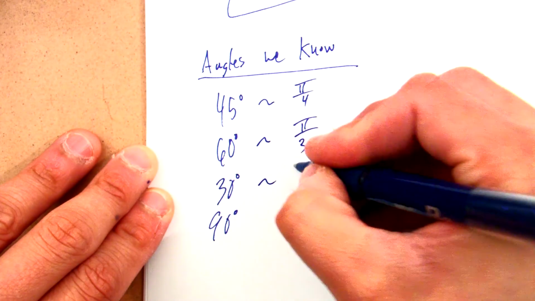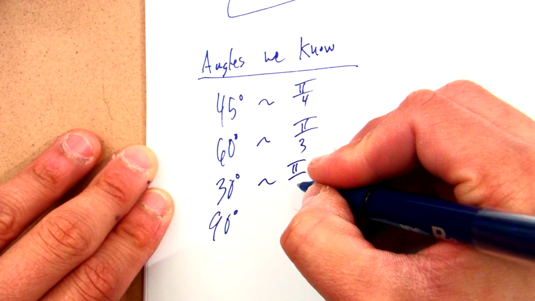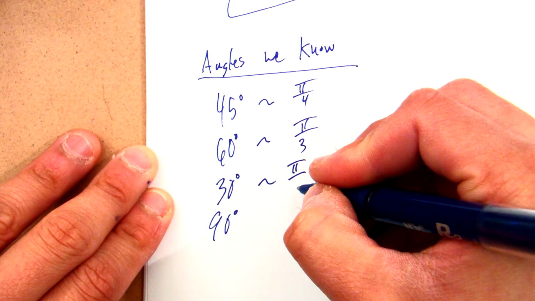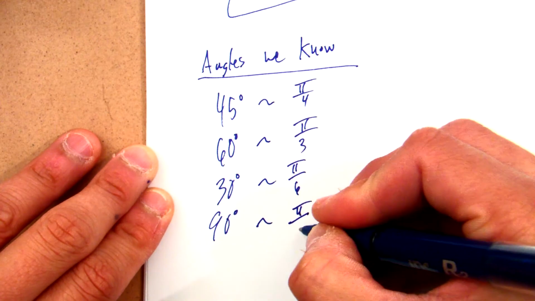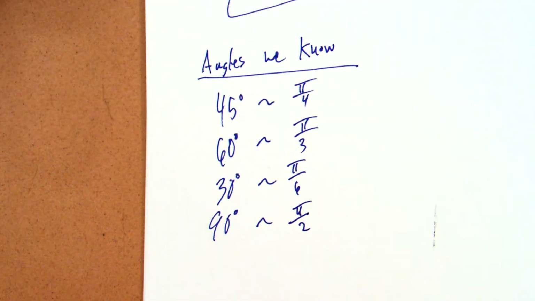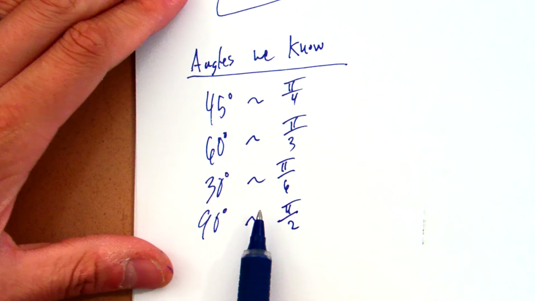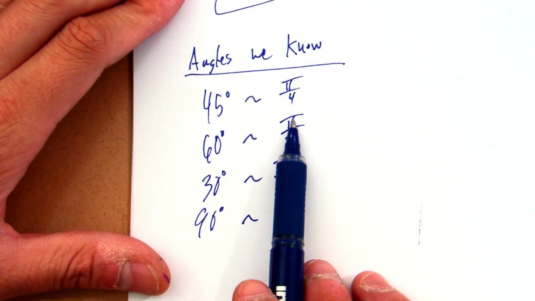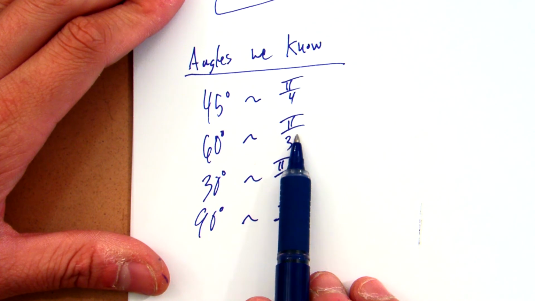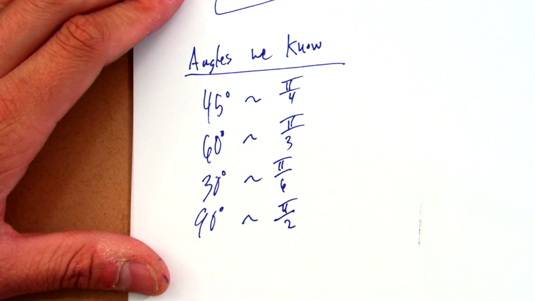Pi over 3, pi over 6 and pi over 2. Hopefully you've memorized these by now. They should be very familiar. If you forgot, remember, pi is 180. What is 180 divided by 3? 60, right? That's how we remember them.